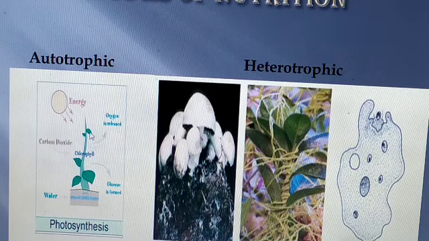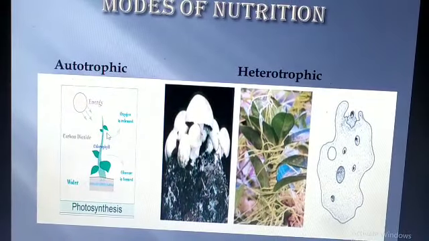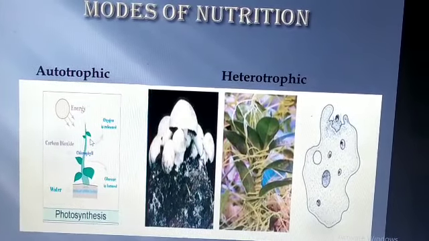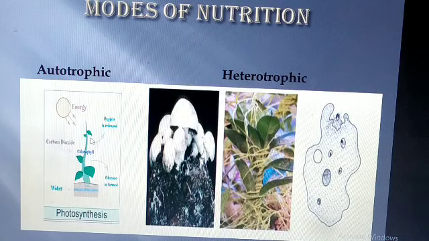Their leaves contain certain pigments which you must already be aware of. You had studied that in class 7. Yes, in that case you will also see that they are taking energy from the sun.